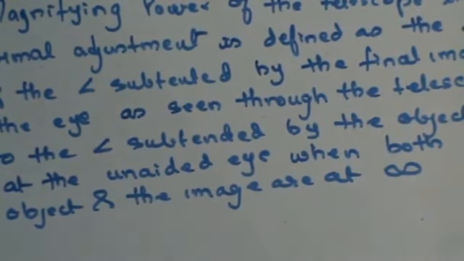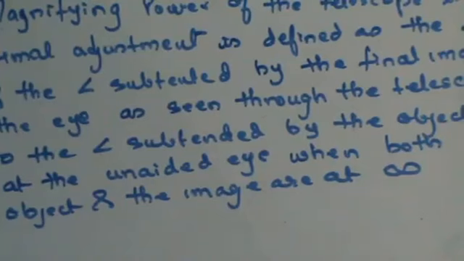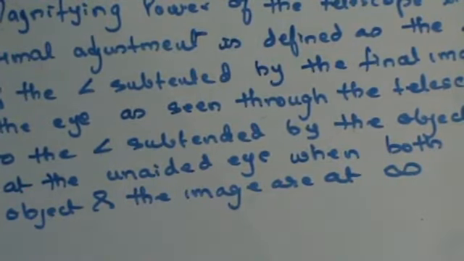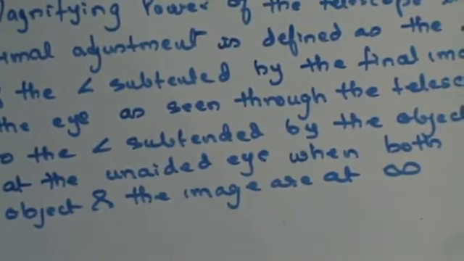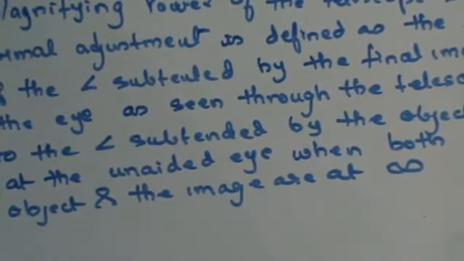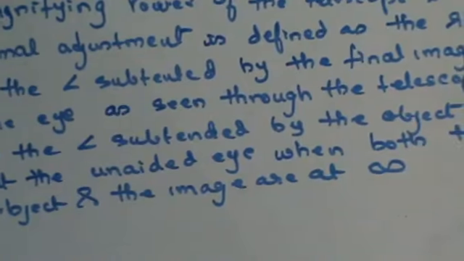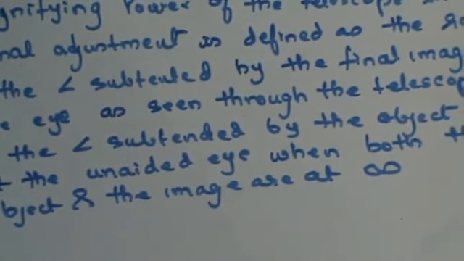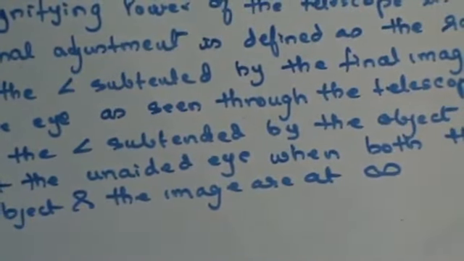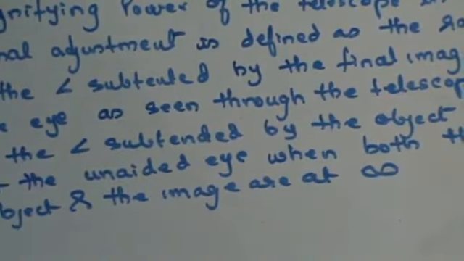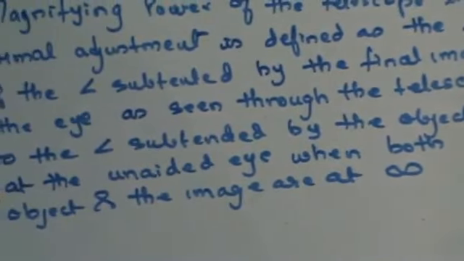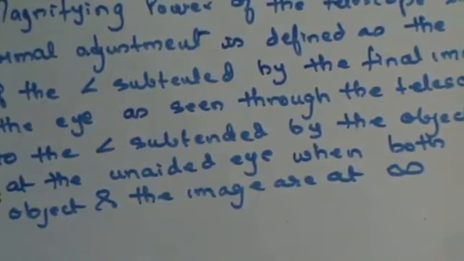Now, I can therefore say that since the object distance is very large, it can be assumed that the angle subtended by the object at the objective is the angle subtended by the object at the eye. Whether I look at the object through naked eyes or I look at it through the objective, the angle subtended is going to be the same, right?